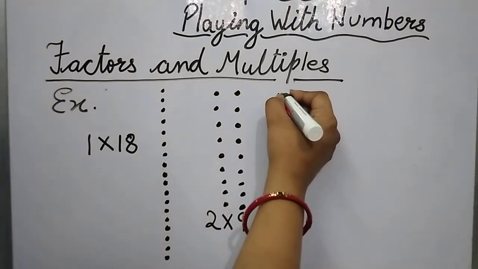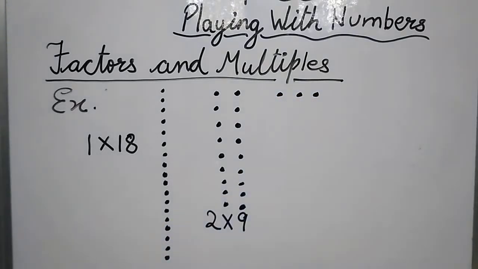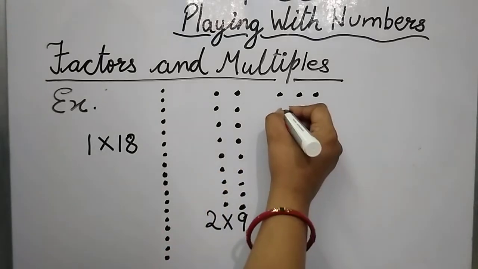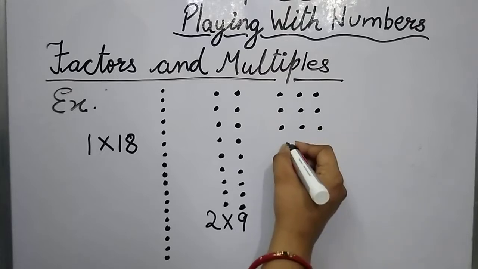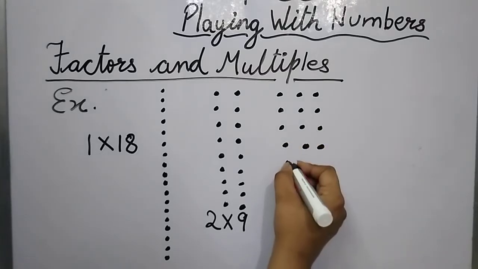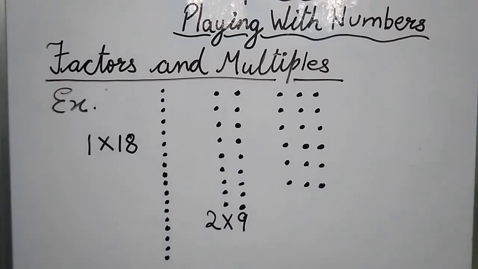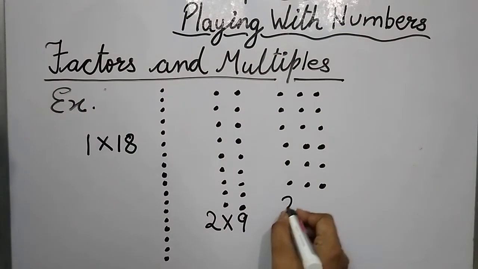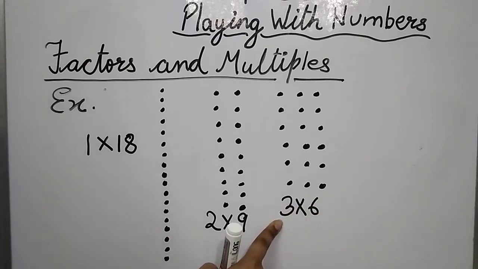Similarly, 3 marbles in each row and the total number of rows is 6. This can be represented as 3 multiplied by 6, another way of arranging 18 marbles.